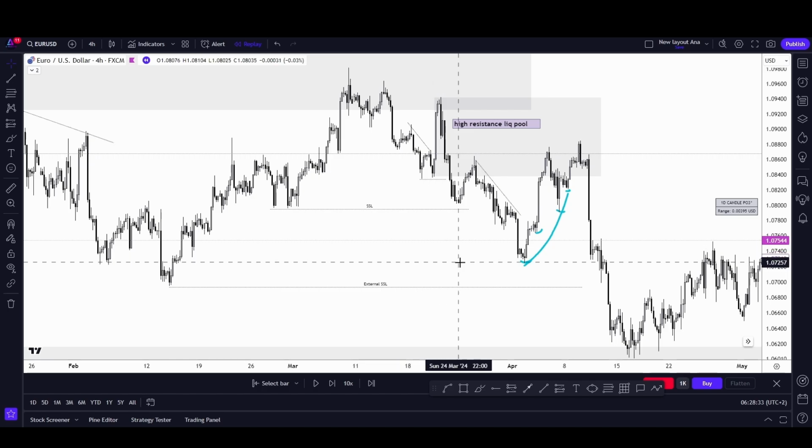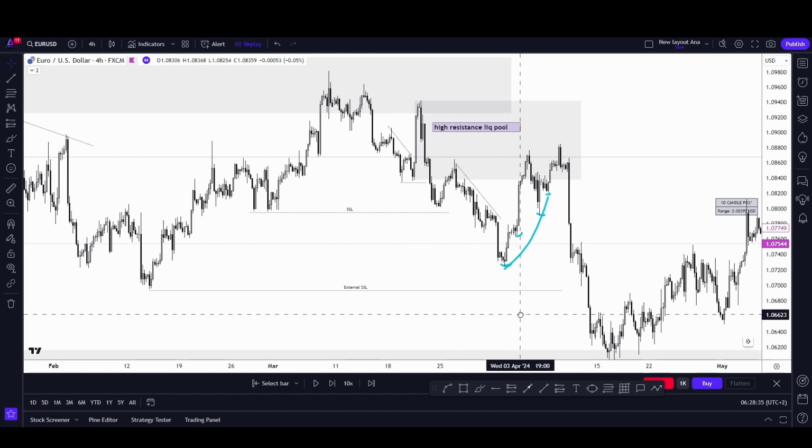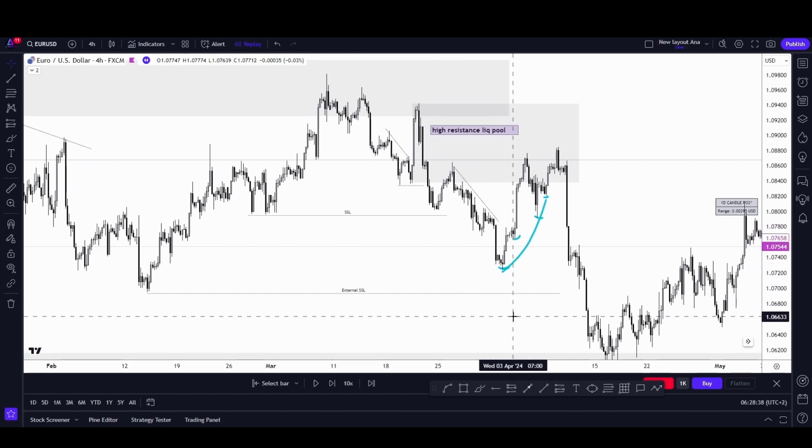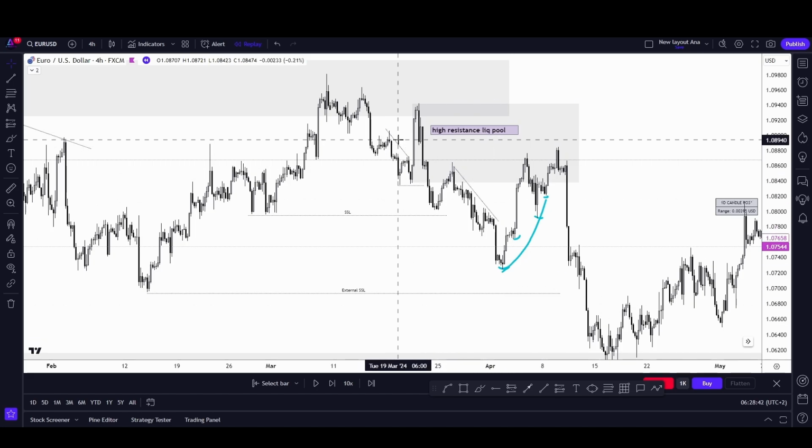Something that I mentioned at the beginning of this video is that when I came to a realization and understood that price is not actually breaking structure here, but just targeting internal liquidity, this increased my win rate drastically.